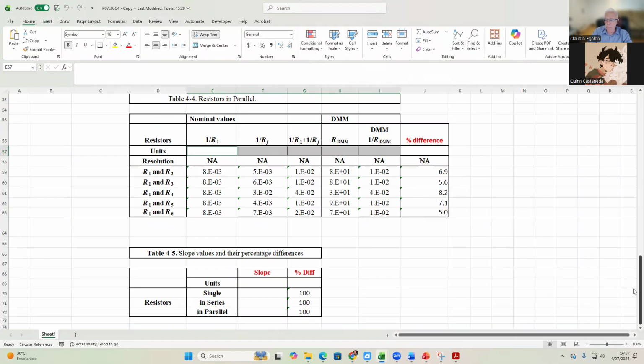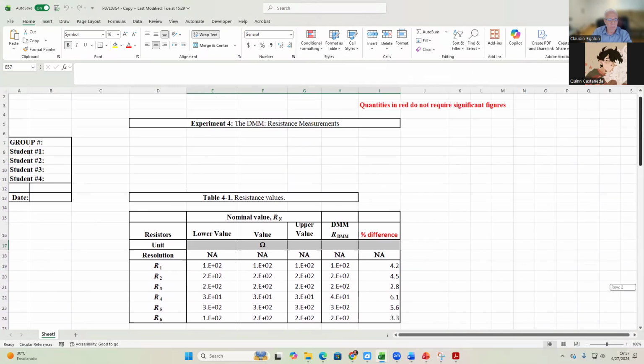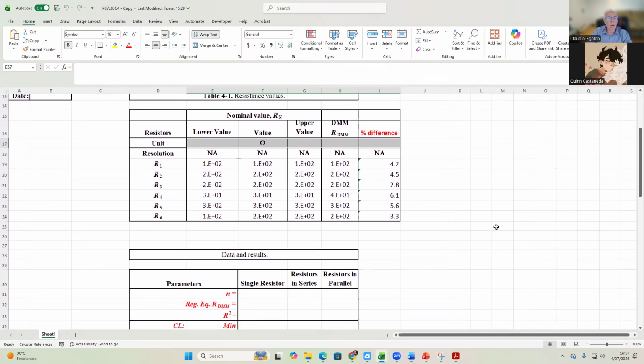Okay, so which table do you want to cover? Can we cover the first table? First table, this one right here, right? Yes. You start with this column here, okay? That's for the nominal value. That's the color code, right? Yeah.